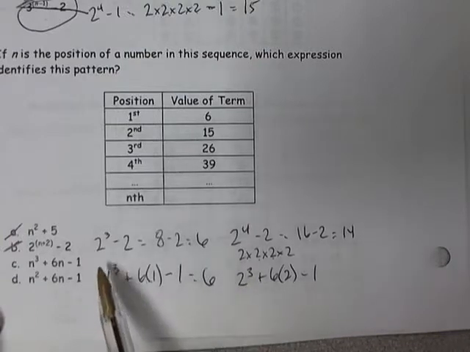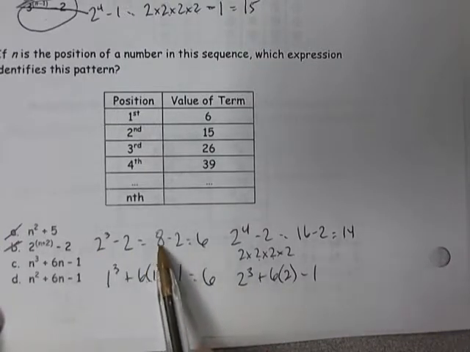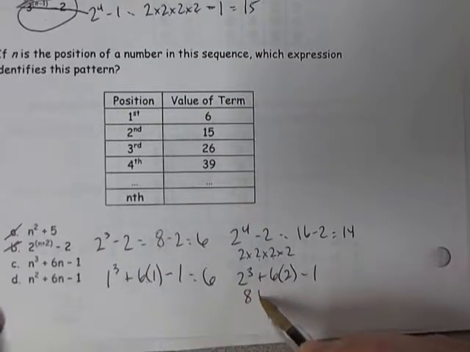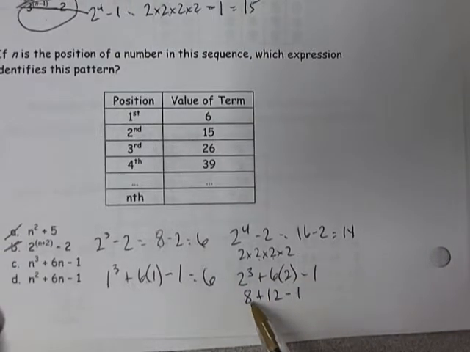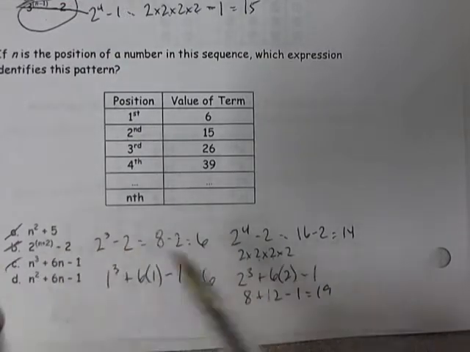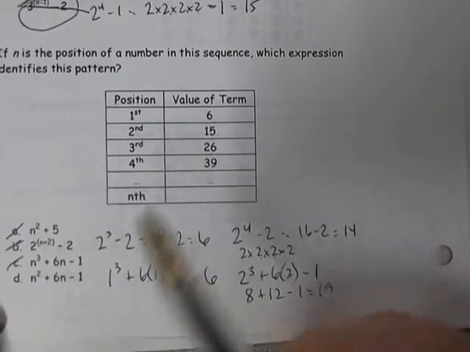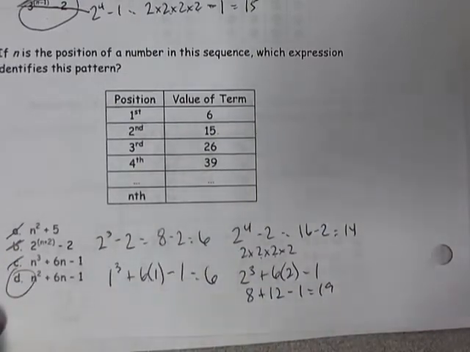Well, 2 to the third power up here we determined is 8, so we have 8 plus 6 times 2 is 12, minus 1. 8 plus 12 is 20, minus 1 equals 19. So it can't be answer choice C because we're looking for 15 in position 2, so it has to be answer choice D.